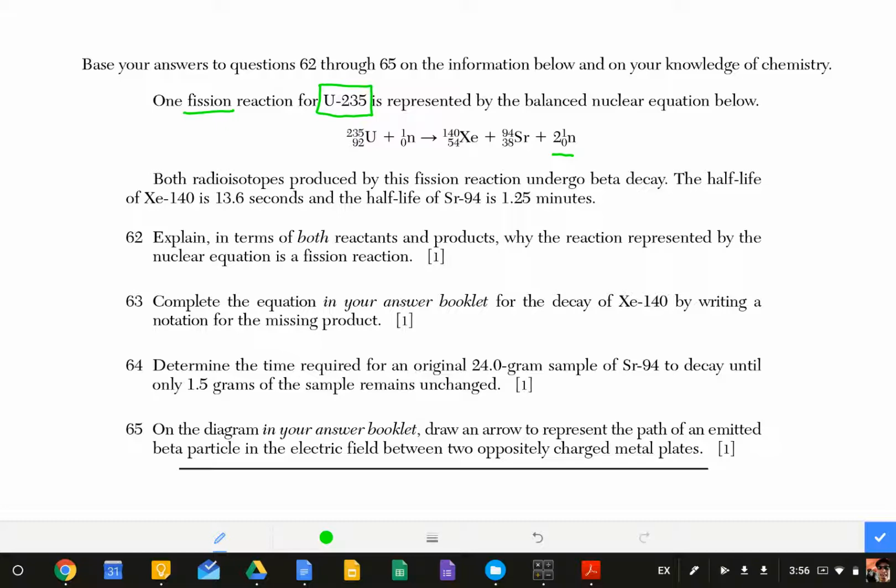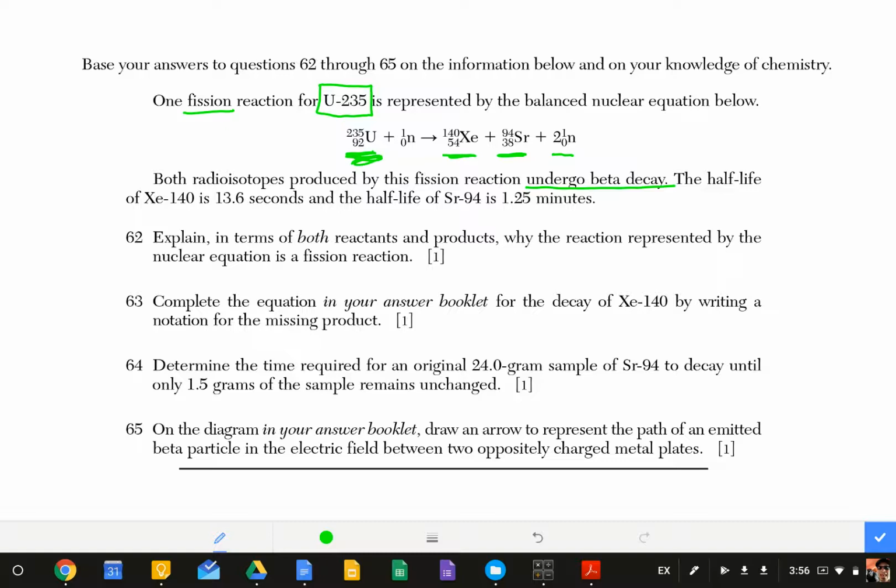Continuing reading, it says both radioisotopes produced by this fission reaction also undergo beta decay. So basically, you start with this radioactive isotope. That nucleus got hit with a high-energy neutron and broke apart into these two. They're called daughter particles. This is called the parent particle.